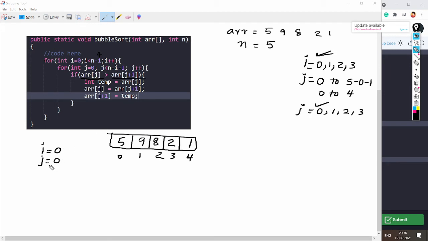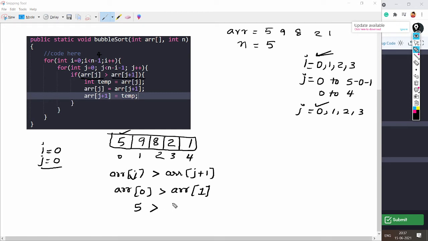Array of 0 means 5, array of 0 plus 1 means 9. Is 5 greater than 9? No. So j equal to 0 is over.